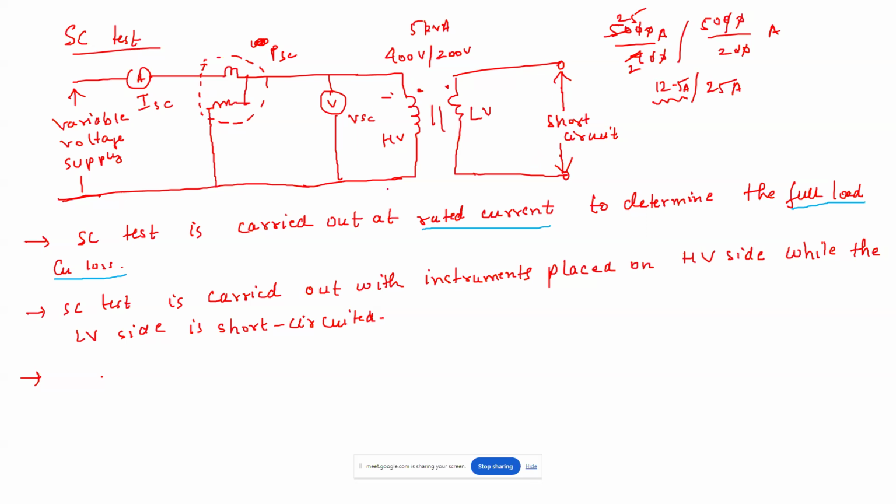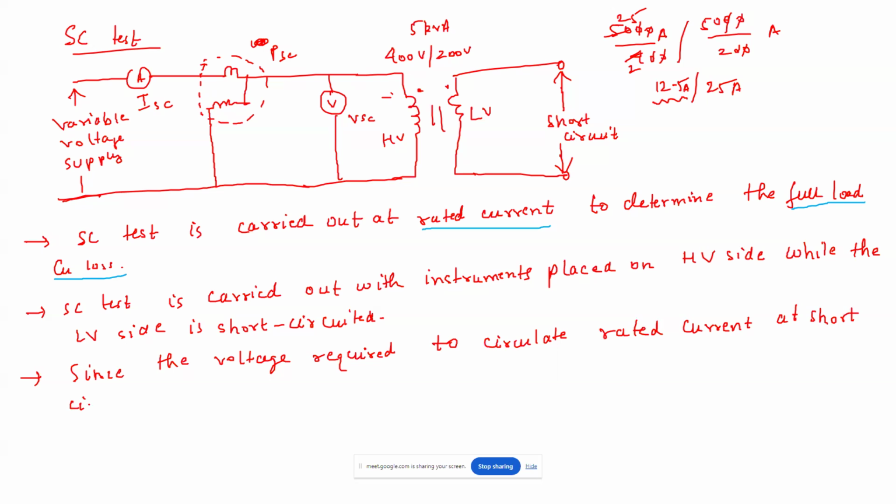Since the voltage required to circulate rated current at short circuit is in the range of 5% to 10% of the rated voltage.